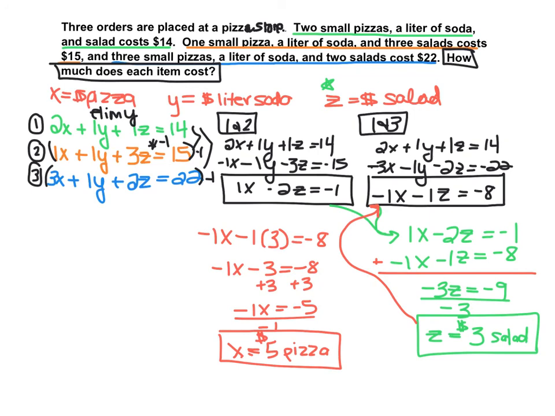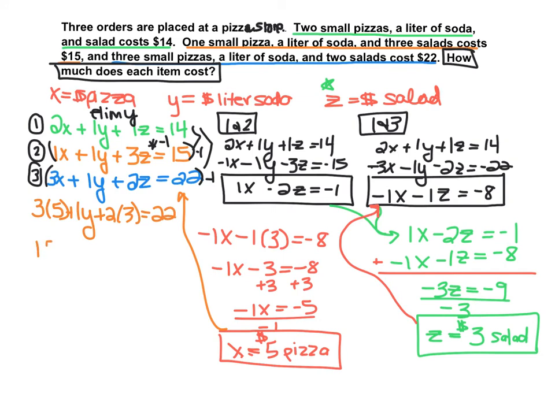And now from here, if I take this $5 pizza and $3 salad and substitute it back into one of my original equations, I can find the cost of a liter of soda. So I'm going to substitute it back here into equation 3. It doesn't matter which equation you pick, that's just the one I'm going to utilize here. So I take 3 times 5 plus 1y plus 2 times 3 is equal to 22.